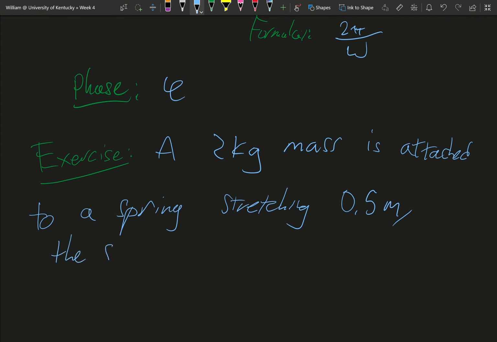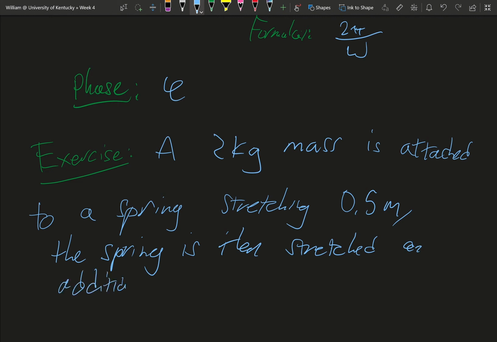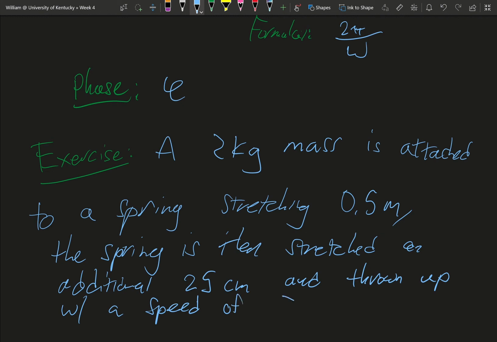The spring is then stretched an additional 25 centimeters and thrown up with a velocity, or a speed, I guess, of 20 centimeters per second.